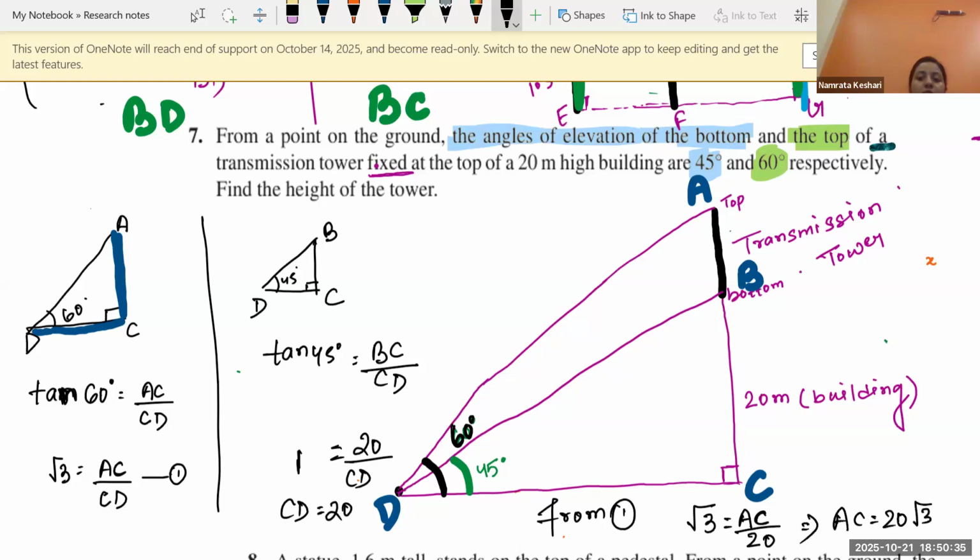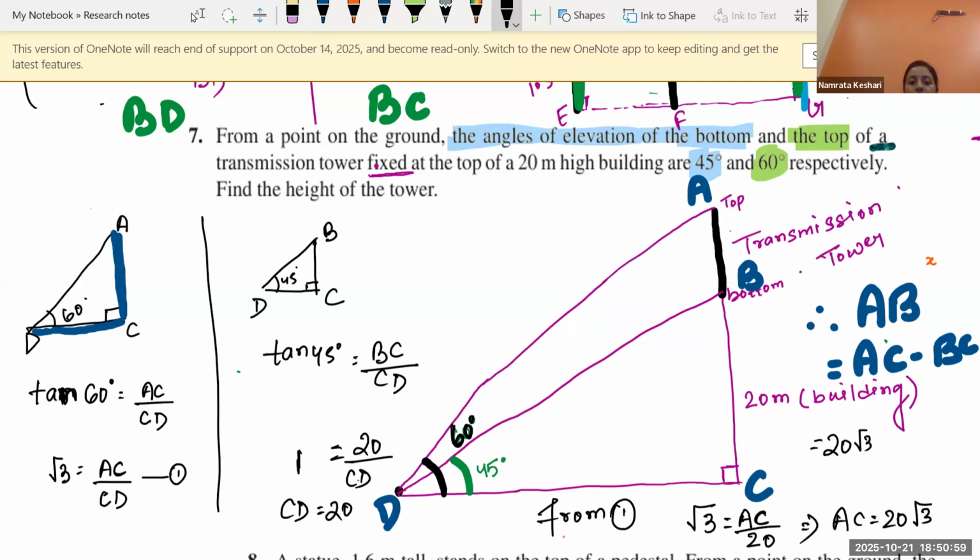AC minus BC when you do, then only you will be getting AB, right? Yes, ma'am. Okay, AB is equal to the complete height AC which we are having in hand minus BC.